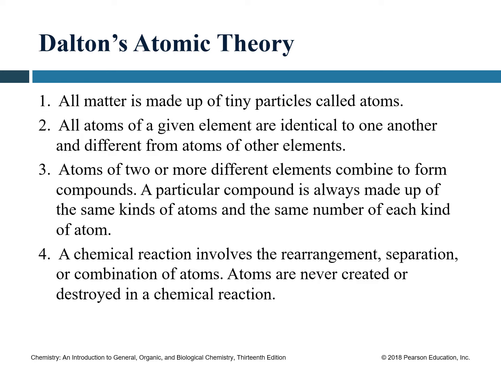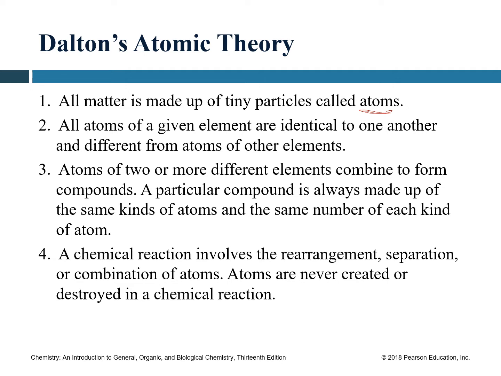Okay, what does this theory tell us? Most of the stuff you're already familiar with. According to his theory, all matter is made up of tiny particles that are called atoms, first definition. Secondly, he mentioned that all the atoms of a given element are identical to one another and different from the atoms of other elements.